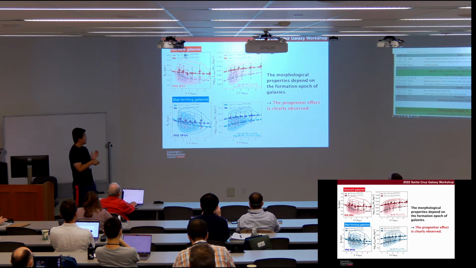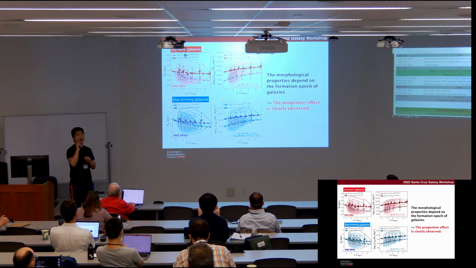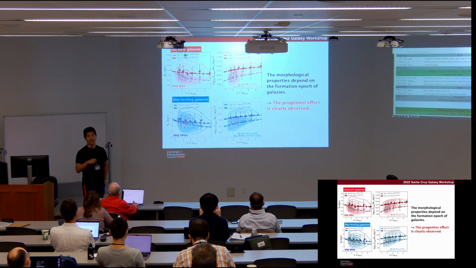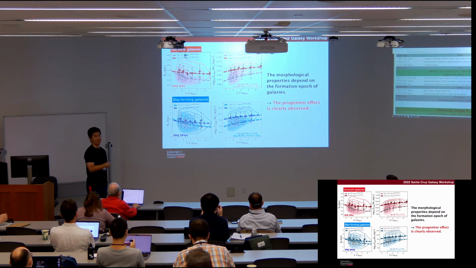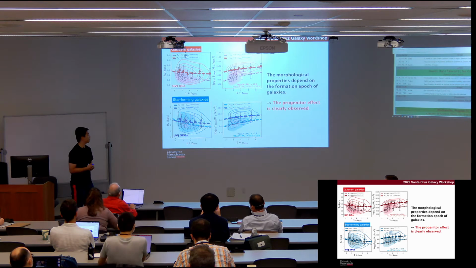You can see here, if we just mix every galaxy together, even within our sample, up to 50% change in R_e and up to almost 1 dex change in sigma_1 can be fully accounted for solely by the progenitor effect. Therefore, the progenitor effect has to be taken into account before we interpret the observed structural evolution.